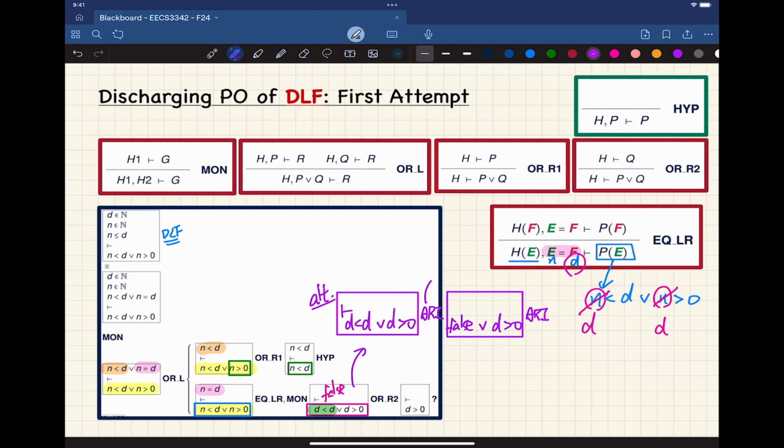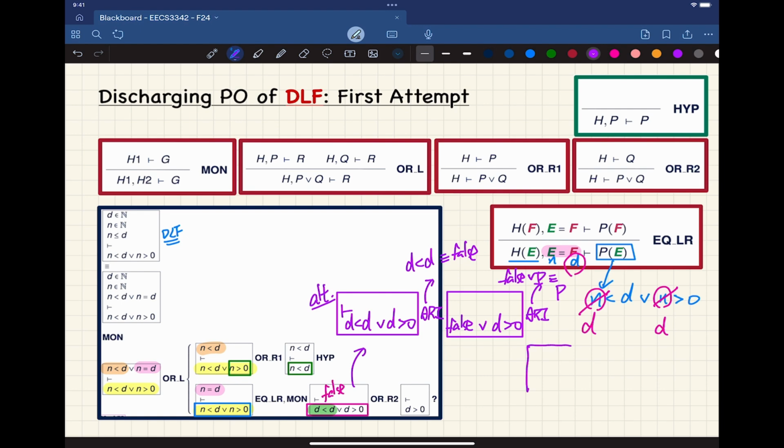By another arithmetic, here I can put some explanation to say D less than D is equivalent to false. And then this is another arithmetic. I can say false or any P will just be equivalent to P. So now it'll be very obvious. I can now get rid of this one here. I only got the right-hand side left. Effectively the same.